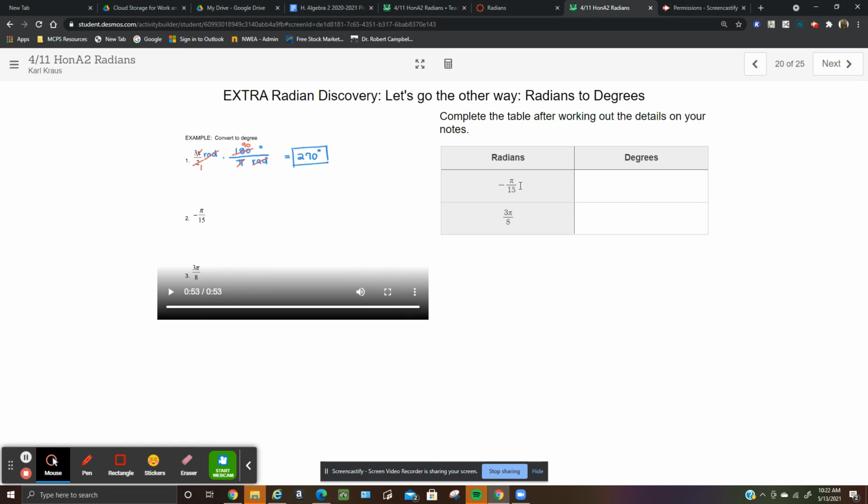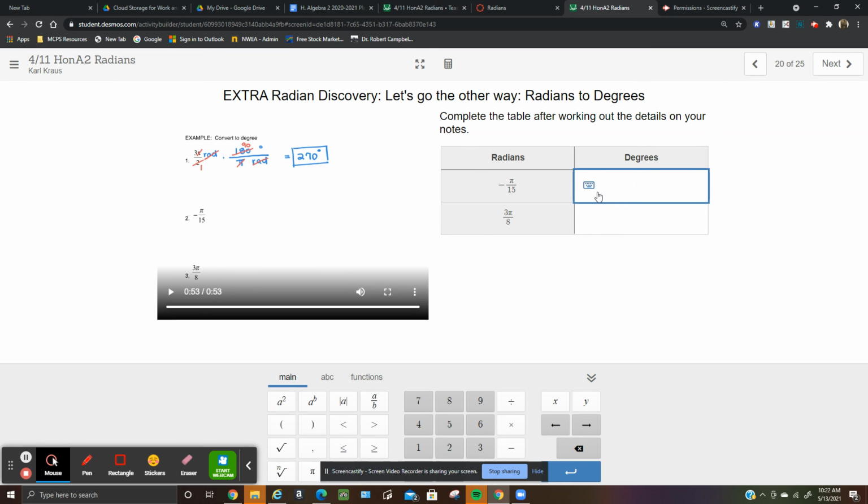So instead of multiplying by 180 over pi, a simpler thing is just to substitute 180 for pi. And since it's a math input box, if I just hit enter, then I get negative 12. And then 3 times 180.